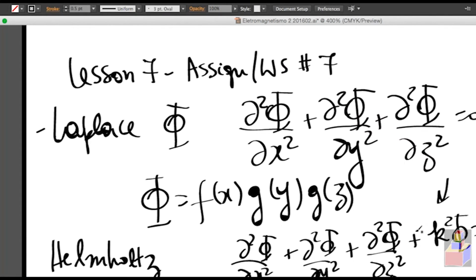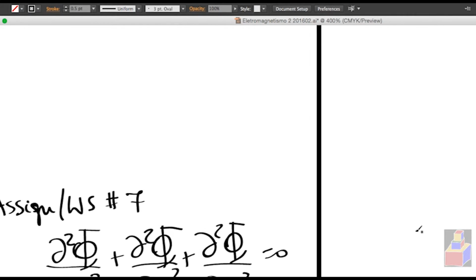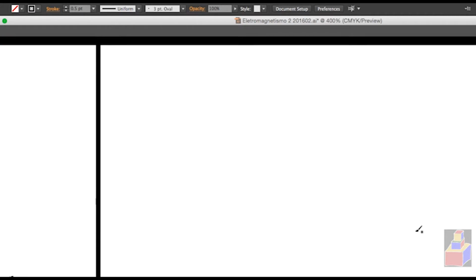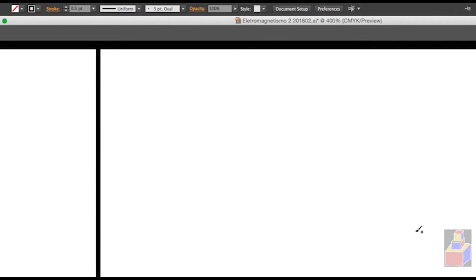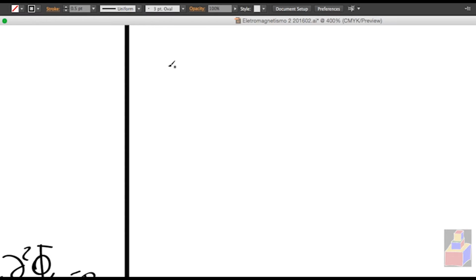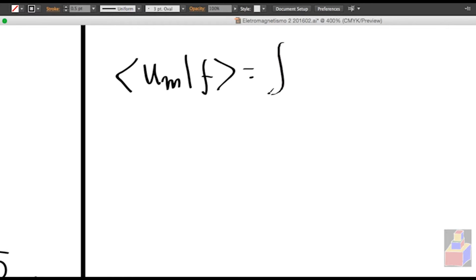right down here. So let's just notice the indices that appear. So if we have the dot product between un, which is the coefficient of expansion, is this thing here, and f, this can be written like this. Integral from a to b, conjugate of un of an integration variable I'm going to call x prime, okay?